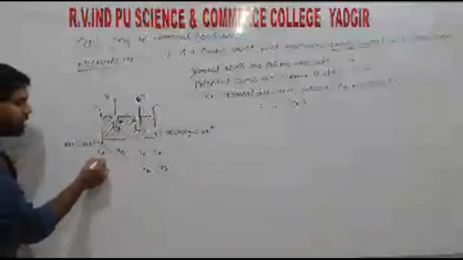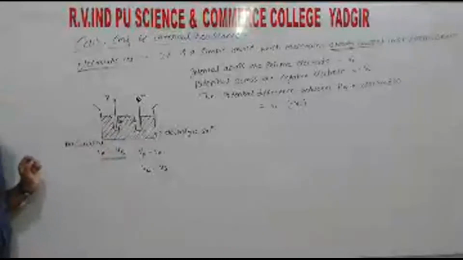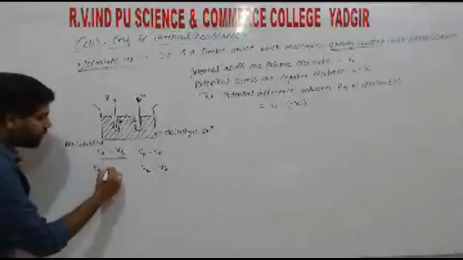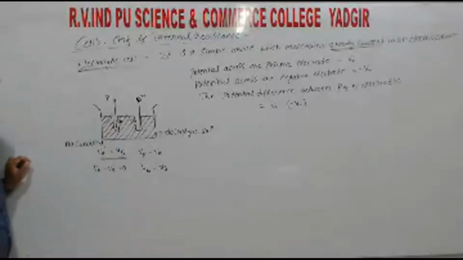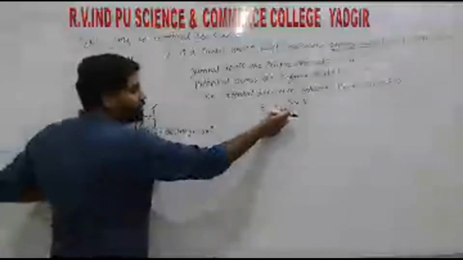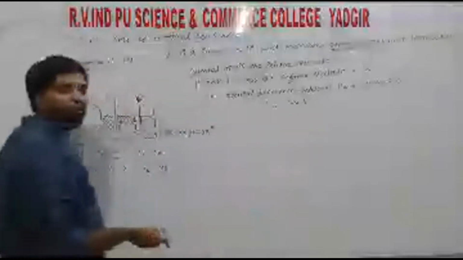So when there is no current, Va equals Vb. That means the potential difference Va minus Vb equals 0, so we directly write the potential V plus minus V minus.